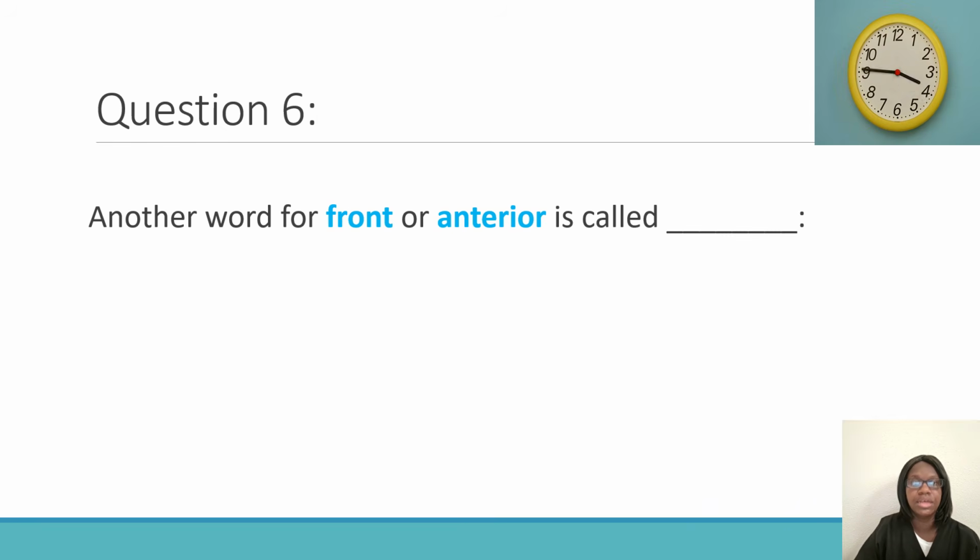Question 6. Another word for front or anterior is called.